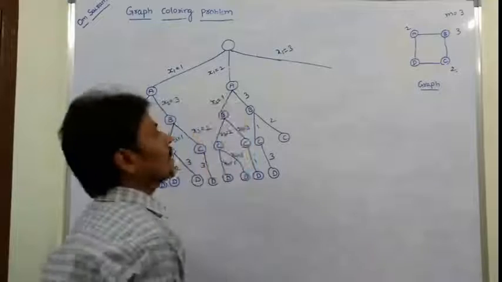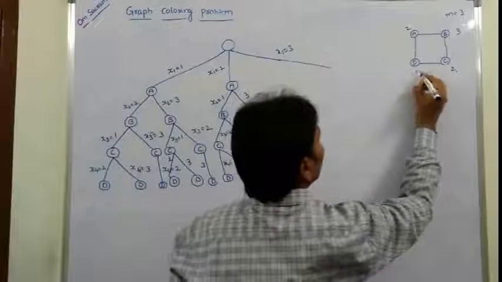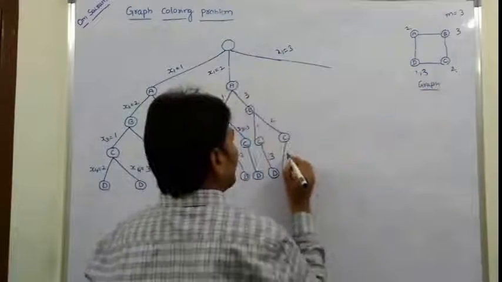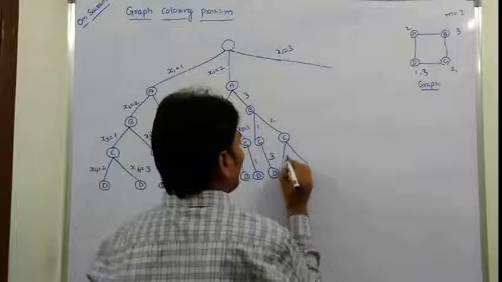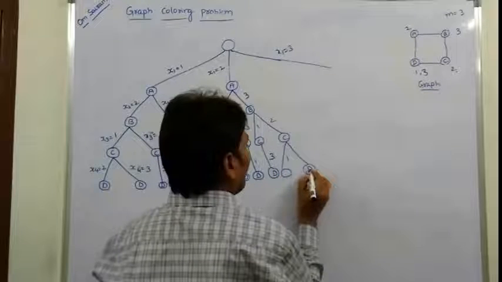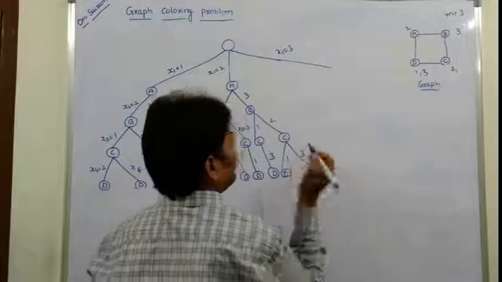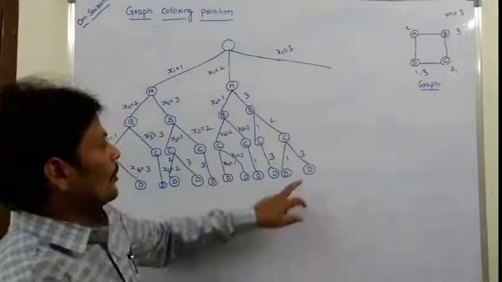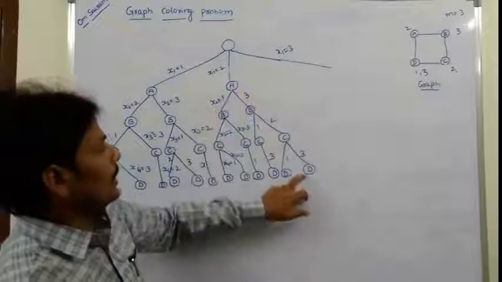What is the possible color for vertex D? That is 1 or 3. So all the vertices are colored.